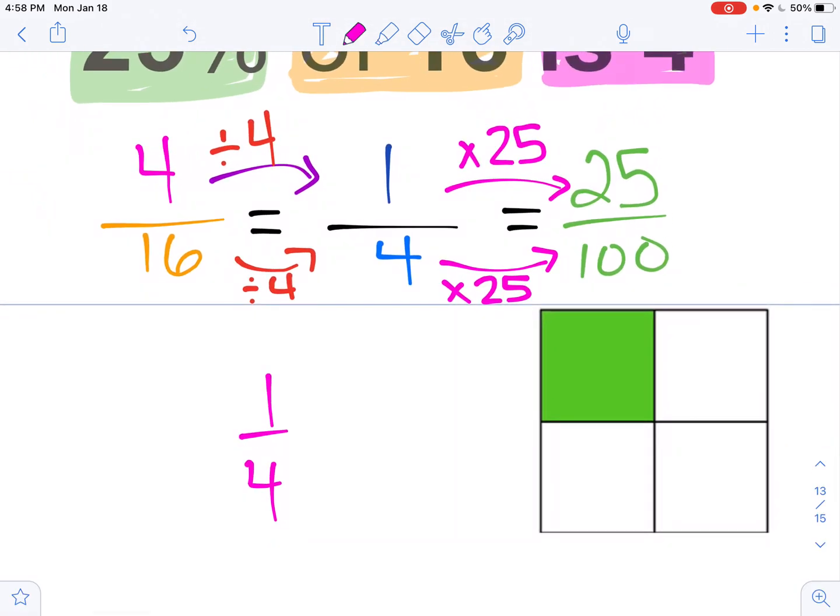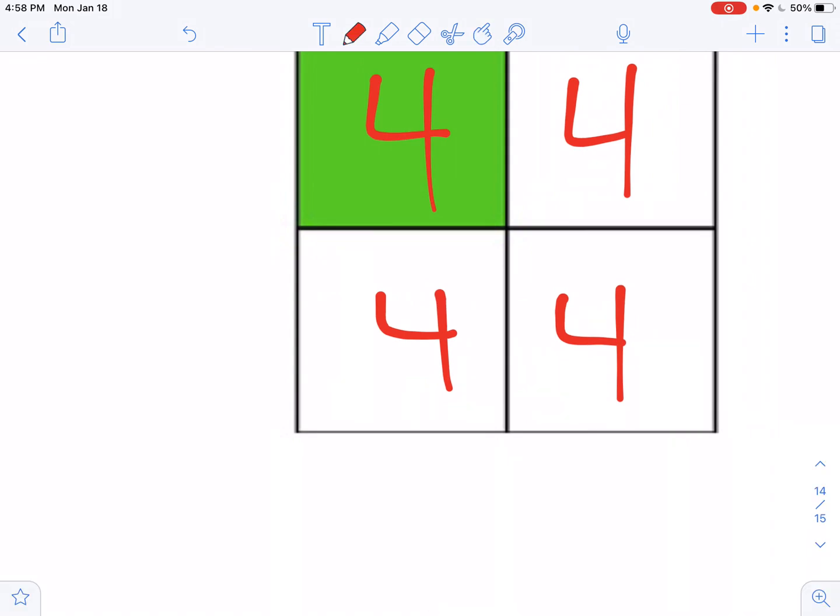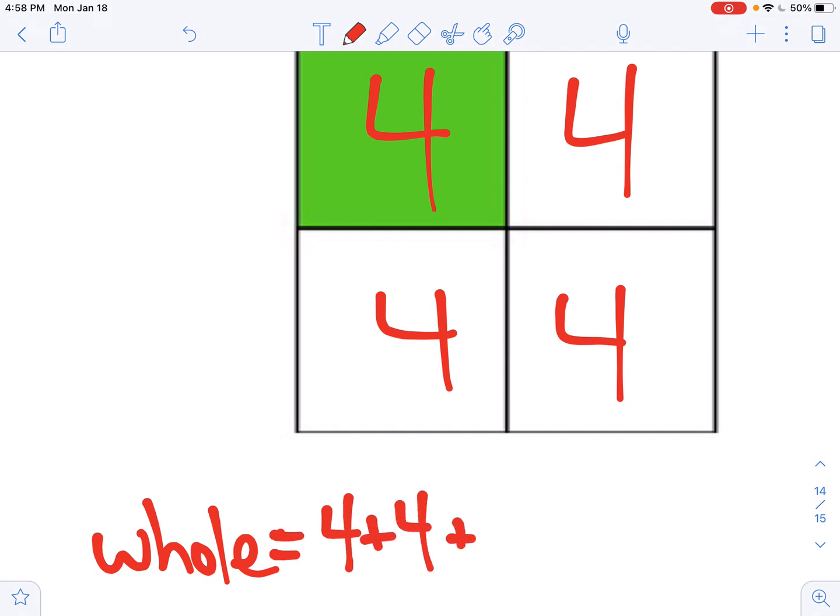So I'm looking right up here at this 4. If 4 is the part, then I'm going to put 4 in that part. And all the other same size parts have to have the same number. Now I want to know what's the whole. So if I want the whole, I'd have 4 plus 4 plus 4 plus 4, or I could shortcut and say 4 times 4, and I'd still get that 16.